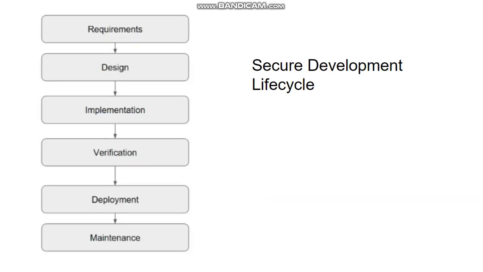So, software development life cycle. In order to develop software securely, we need to integrate security in each and every part of our software development life cycle. For that, we have the secure development life cycle. It is basically about software security, where we try to make the software behave correctly in the presence of malicious attack.